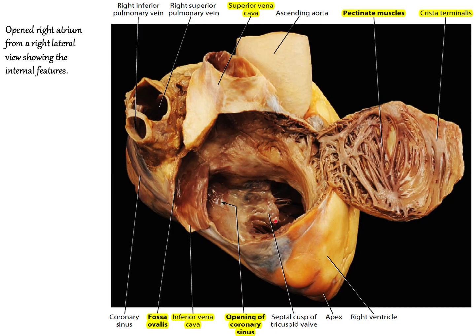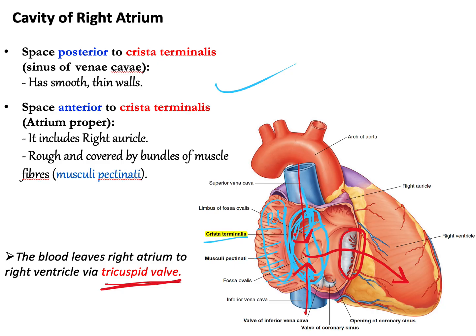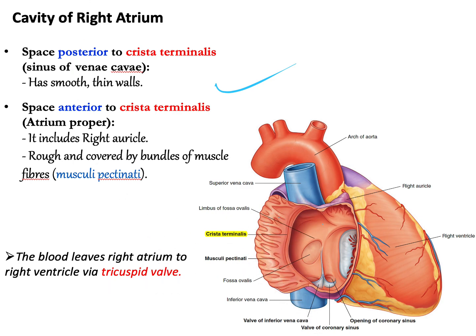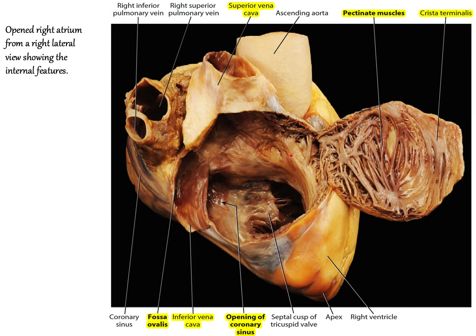Okay, so this is from a fixed heart. Don't be confused, guys. If you look at this figure, you would see that they opened the right atrium anteriorly, from the left side, and then reflected it to the right side. But in this heart, they opened it from here and reflected it to the left side.